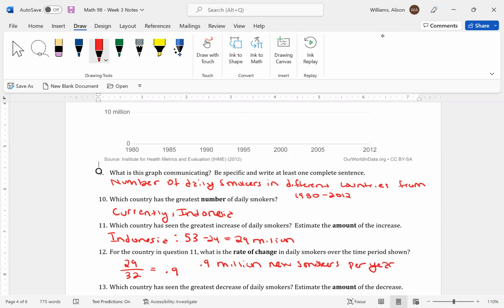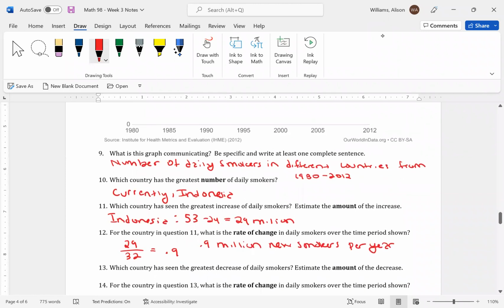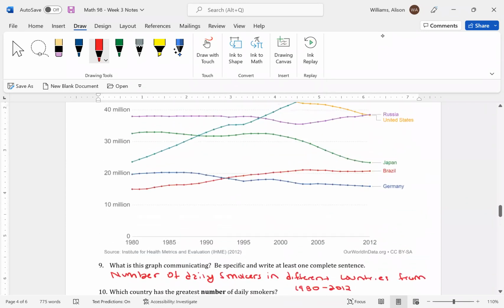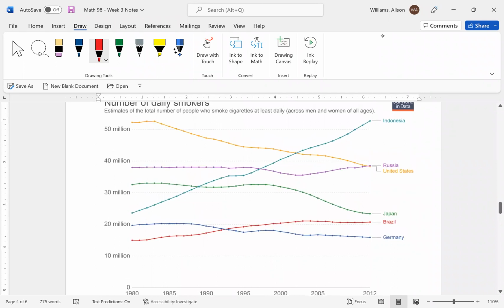Which country has seen the greatest decrease of daily smokers? Estimate that amount. Okay. It looks like the United States has the biggest decrease, right? Because it started the highest and ends the lowest, so that decrease amount is big comparatively. I mean, Brazil and Germany, there's not a lot.